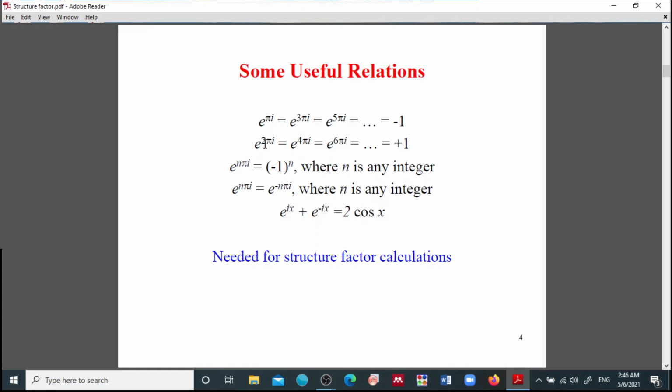If this is an even integral multiple of pi i in the exponent, then we will have +1. So in general we can say that exponent n pi i is basically (-1) to the n, and then we can get either this or this result. And exponent ix plus exponent minus ix is 2 cos x.